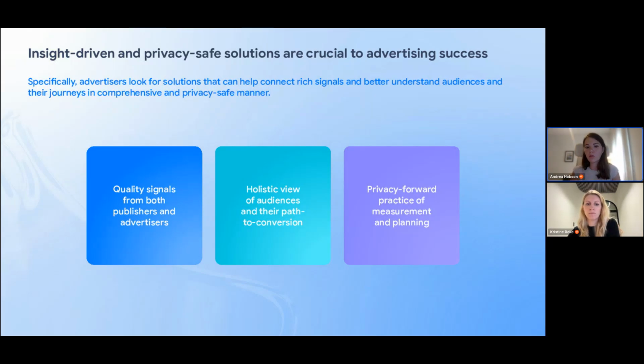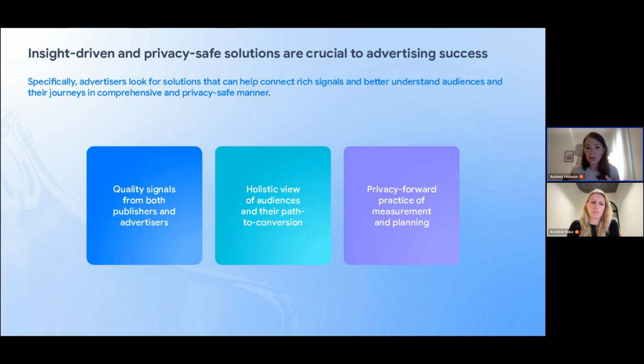Quality signals: reliable data from publishers and from first-party sources will ensure decisions are based on accurate insight, and this improves attribution and drives real business outcomes. Then having a holistic view of your audience, a complete understanding of the customer journey across the channels, which shows which touch points can truly drive sales rather than relying on those isolated metrics we were talking about before.